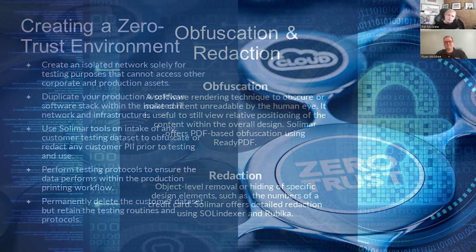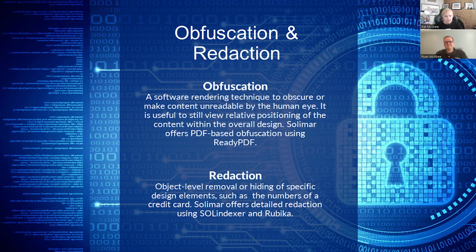So there are these two concepts that we have in blue here, obfuscation and redaction. I like the idea of obfuscation, because it takes content that you decide you don't want other people to see, and makes it unreadable by the human eye. So you can still send the file around.